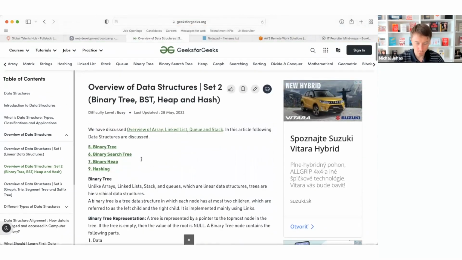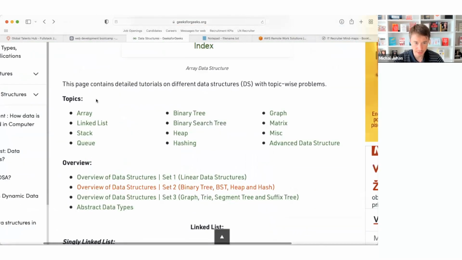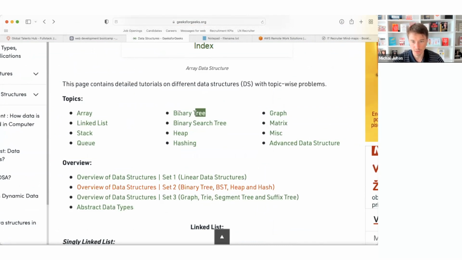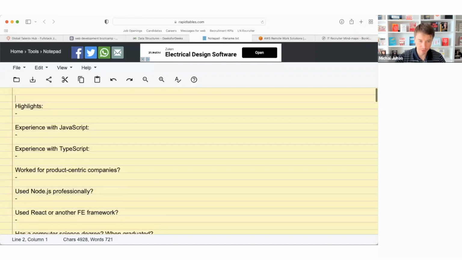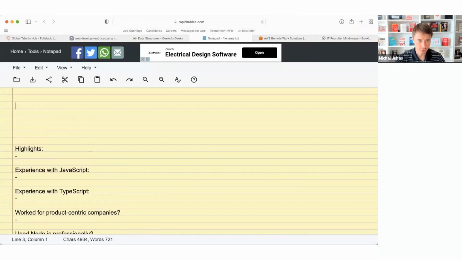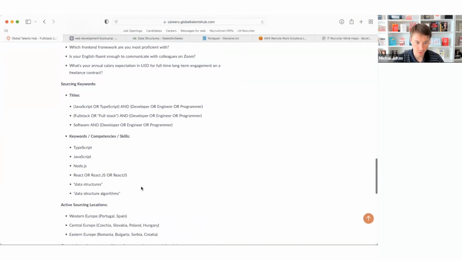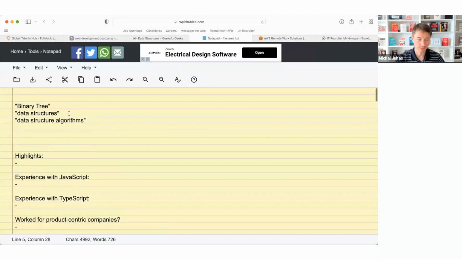So what we actually can see, at least, is this list of the data structures. So we could use, for example, binary tree as one of the examples. We can, of course, use data structure or data structure algorithms, but why don't we try binary tree as well?